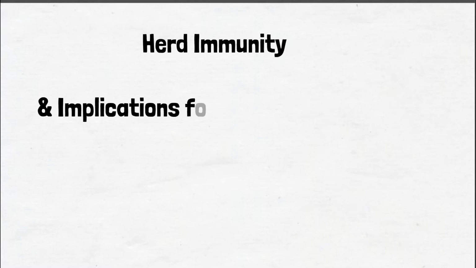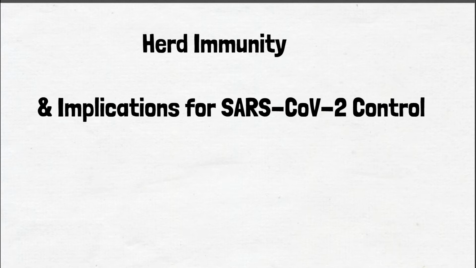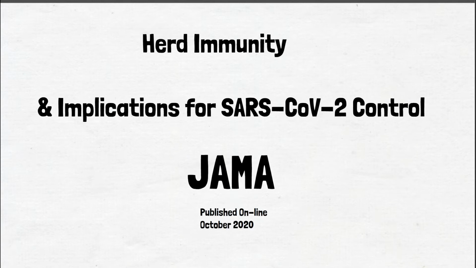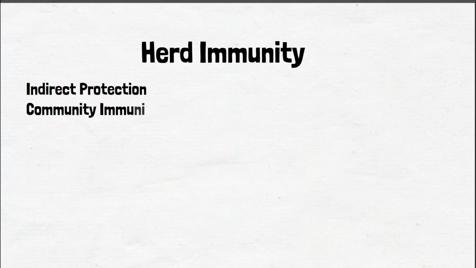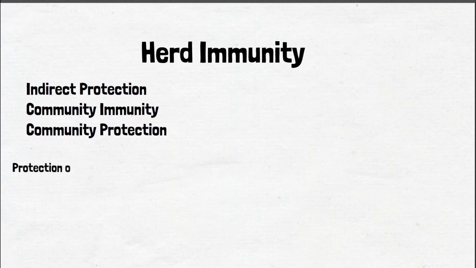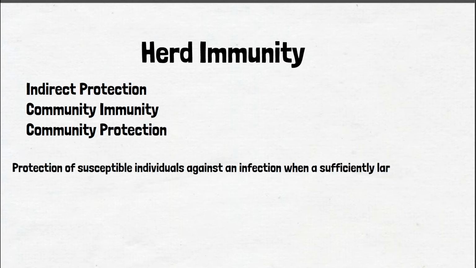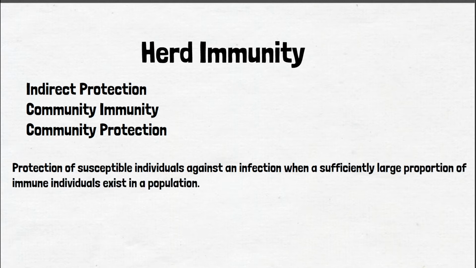Alright guys, let's get right into it. So herd immunity, this was an article that came out in JAMA in October of 2020. Herd immunity is also known as indirect protection, community immunity, or community protection. It refers to the protection of susceptible individuals against an infection when a sufficiently large proportion of immune individuals exist in a population.